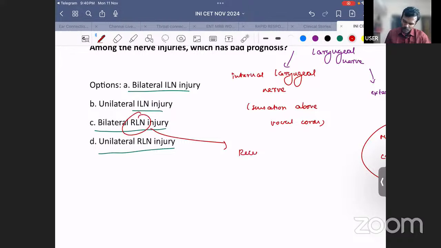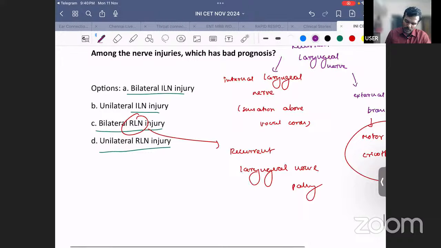Bilateral recurrent laryngeal nerve palsy is the most severe problem. Both vocal cords will be in the paramedian position.